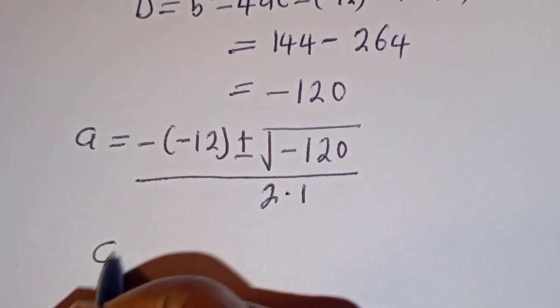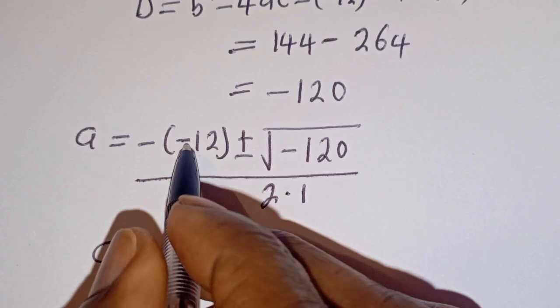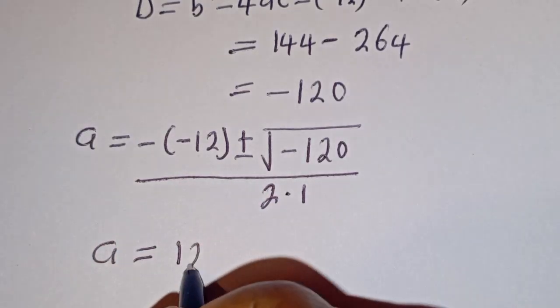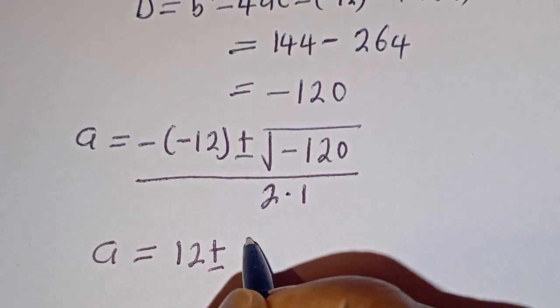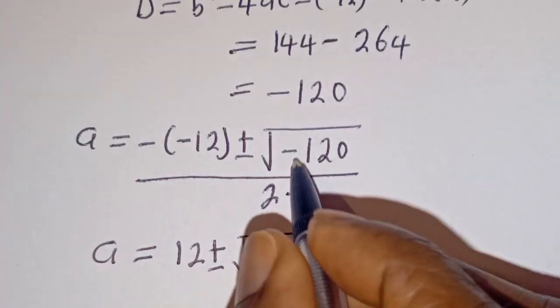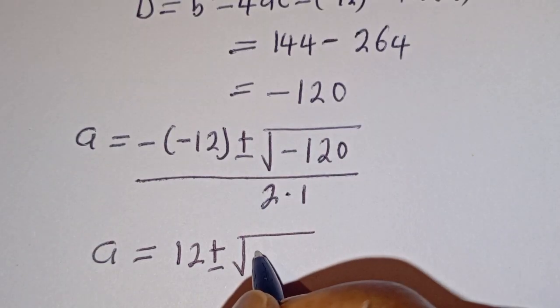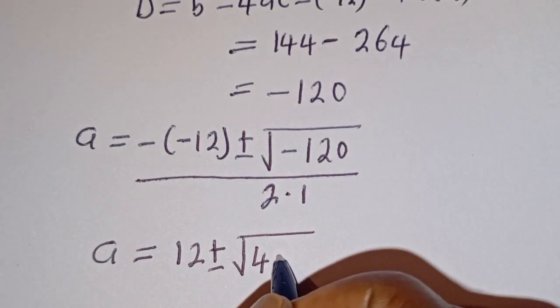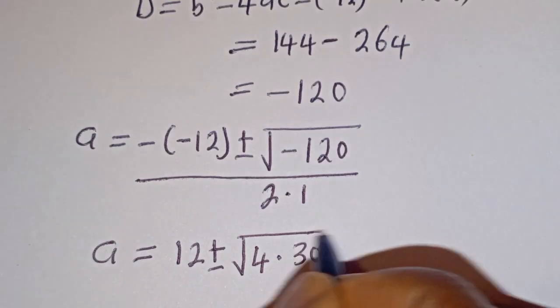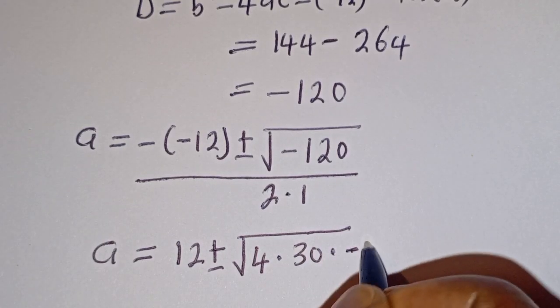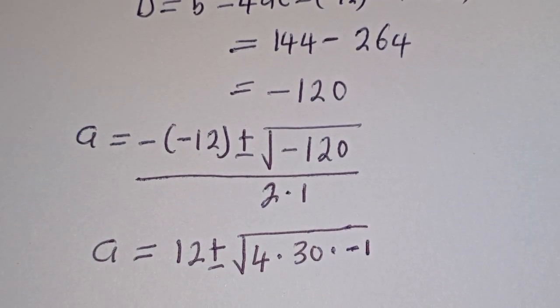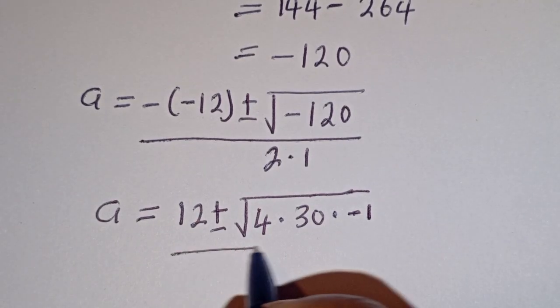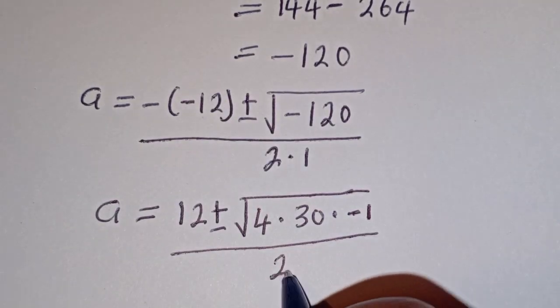Then a is equal to minus multiplied by minus 12. This is 12 plus or minus square root of minus 120, which can be written as 4 multiplied by 30 multiplied by minus 1, divided by 2 multiplied by 1. This is 2.